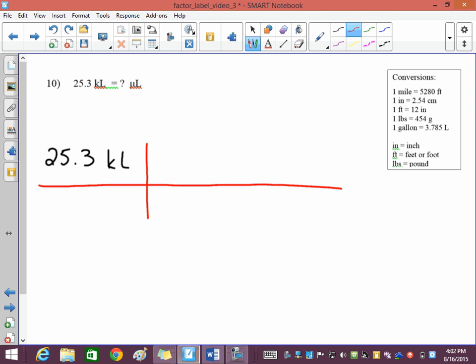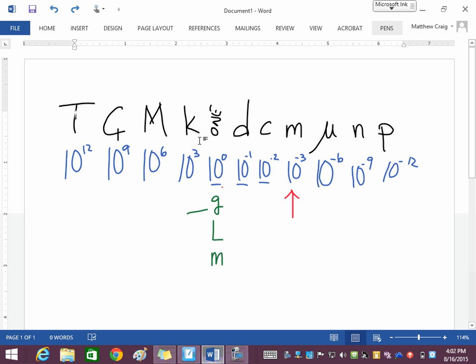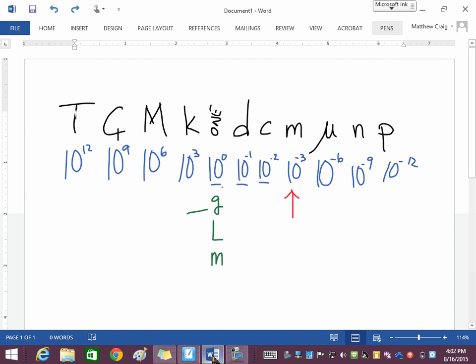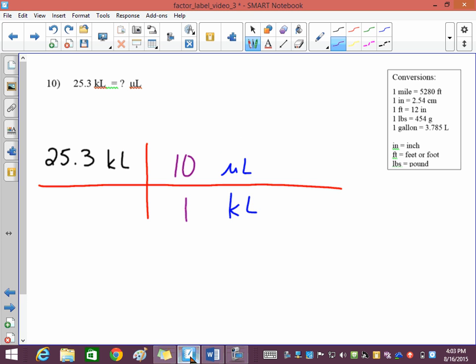And I want to know how many microliters that is, so move that kiloliter here, microliter there. Which one's bigger? Kilo is farther to the left than micro, so kilo gets the value of 1, micro's 10 to the negative 6, kilo is 10 to the positive 3, so that means going 3 times plus another 6 means that we're looking at 10 to the 9.